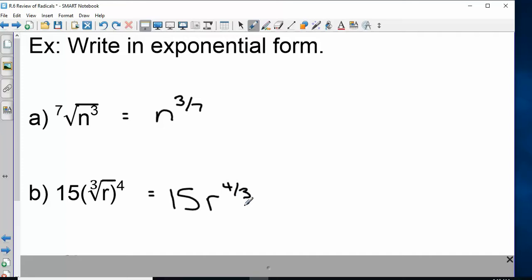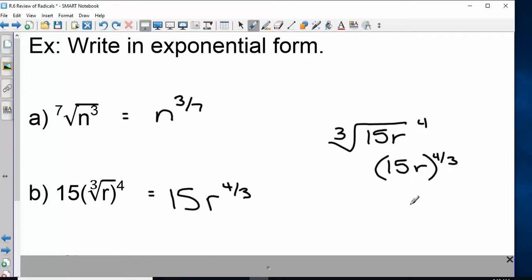And that's it. Now you would want to be careful if I wrote it, let's say I wrote it like this. You couldn't just write 15r to the 4/3 there, because the 15r was all underneath the radical.